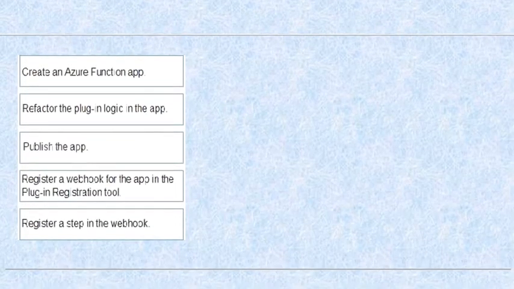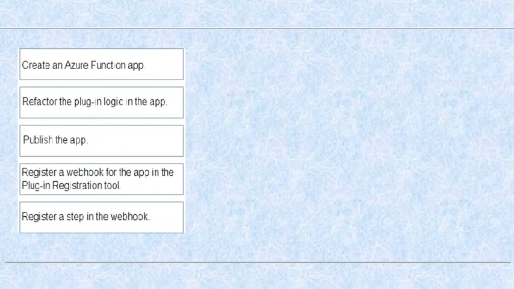The answer is, the first step is create an Azure Function app. Second step is refactor the plugin logic in the app. The third step is publish the app. The fourth step is register a webhook for the app in the plugin registration tool. And the fifth step is register a step in the webhook.